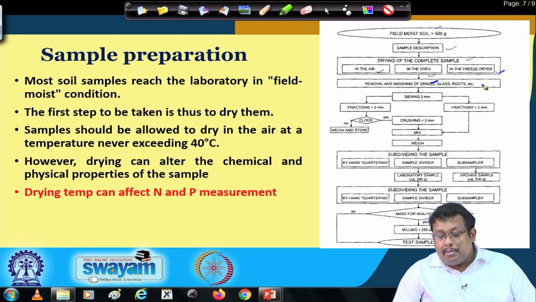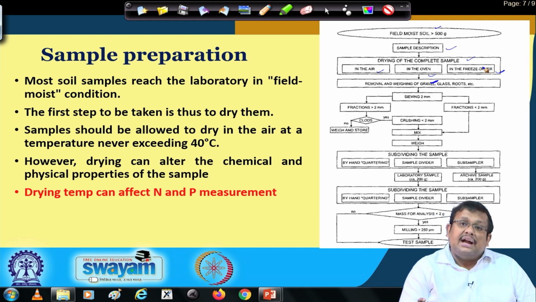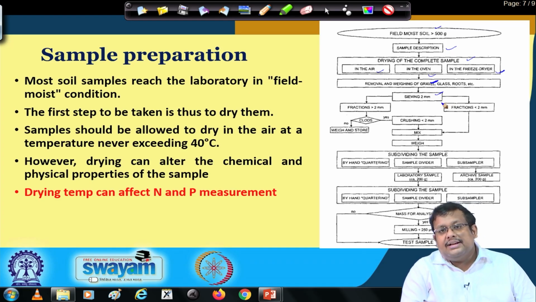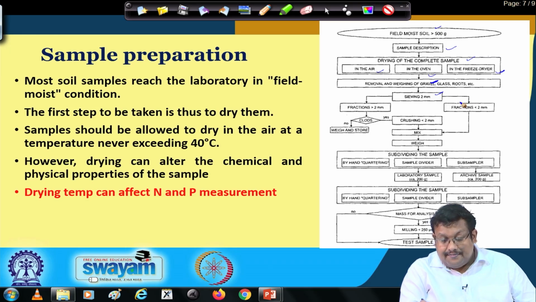For further analysis, once you sieve out all the gravel, glass, roots and other artifacts from the soil, the next step is to sieve the material, specifically soil. Now, soil is generally considered as the material which has less than 2 millimeter particle size. So, sieving is done to ensure that the particle size is less than 2 millimeter.